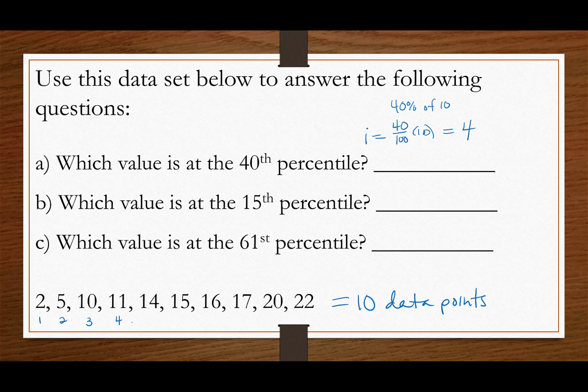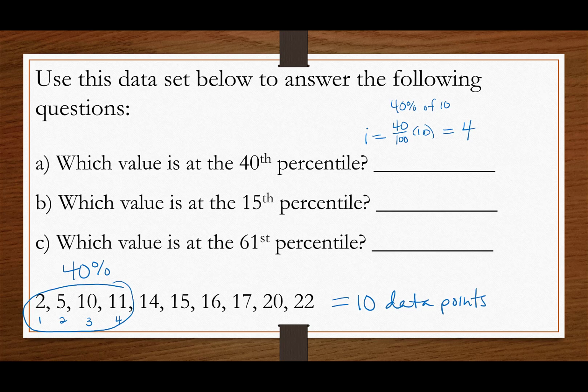So what we just found out is that these first 4 values make up 40% of the data. So we cannot say that 11 is in the 40th percentile because that would not be true. 11 is in the lower section, is under the 40th percentile because it's part of the 40% of the data.